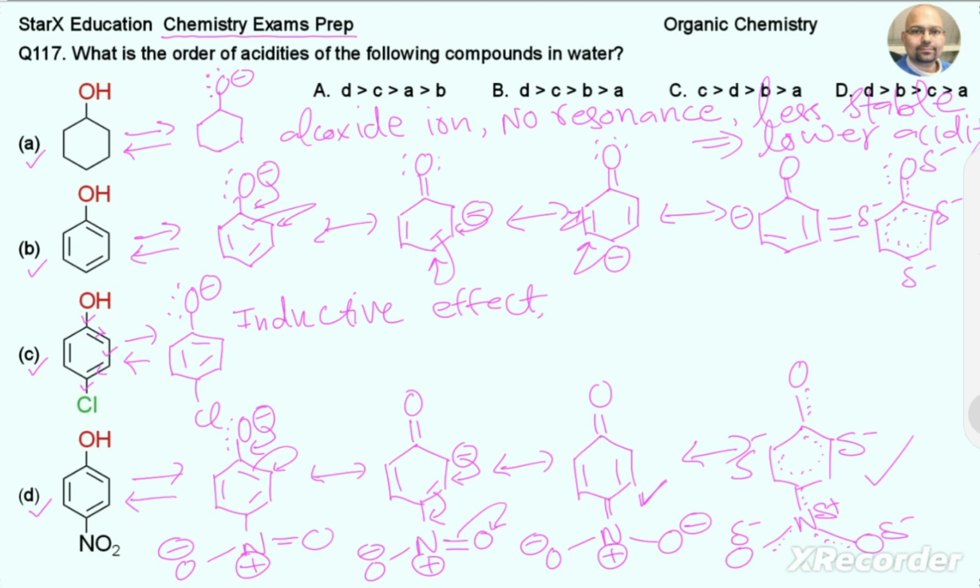Hence, para-chlorophenol is even more acidic than phenol, and para-nitrophenol is the most acidic among all four compounds here. So if we see our choices, B seems to be the correct answer because D is more acidic than C, and C is more acidic than B, and B is more acidic than A.